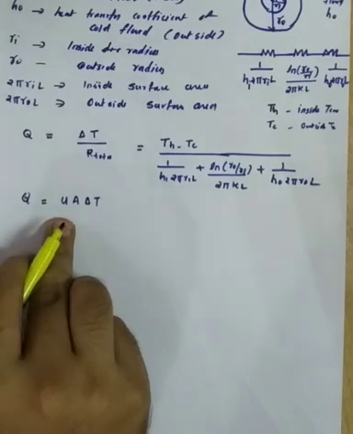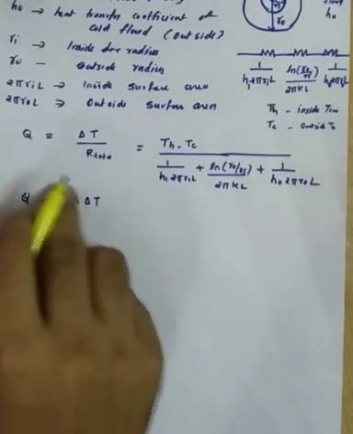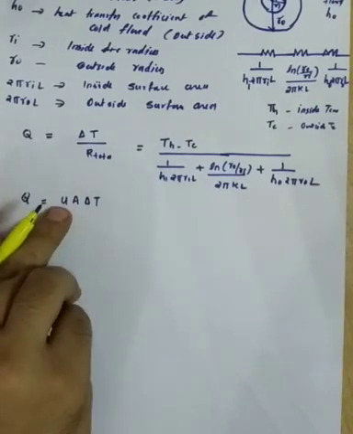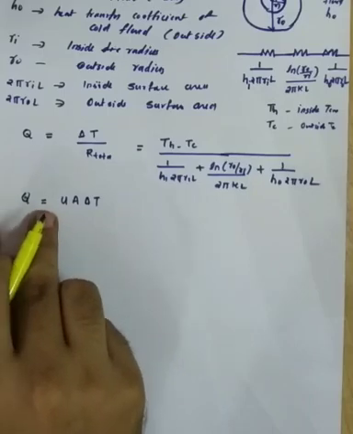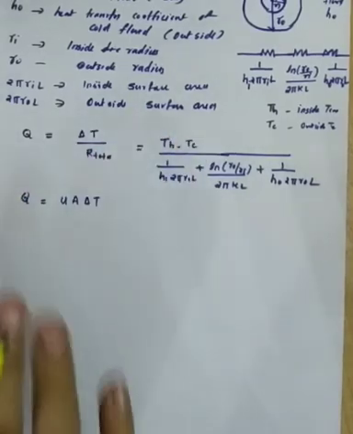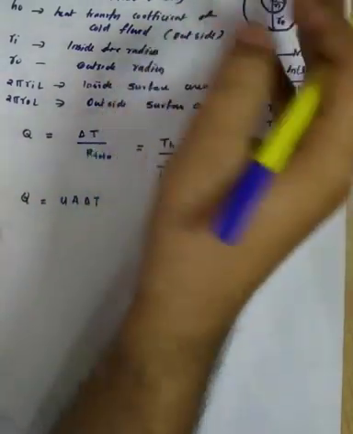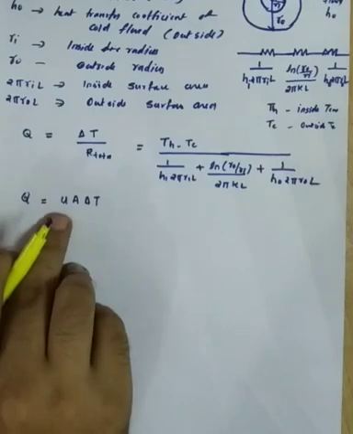While discussing the heat transfer analysis in a heat exchanger, we describe this overall heat transfer coefficient. So Q can be represented as U into A into delta T, where delta T is Th minus Tc, the temperature difference between the bulk fluid present inside and outside of this tube. So what is this UA?